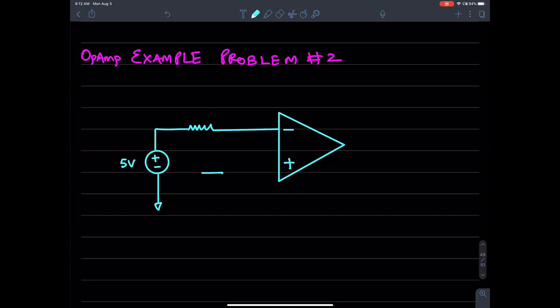And the positive terminal is tied to two resistors, 3 kilo ohms and 6 kilo ohms. And then a positive signal is applied, 3 volts.